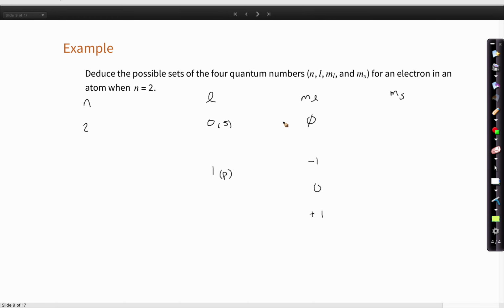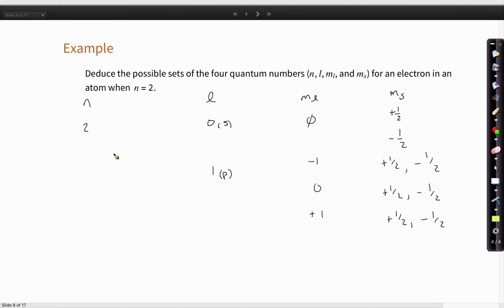So for 2, 0, 0, we could either be plus 1/2 or minus 1/2. For 2, 1, minus 1, we could be plus 1/2 or minus 1/2. For 2, 1, 0, plus 1/2 or minus 1/2. And for 2, 1, 1, plus 1/2 or minus 1/2.